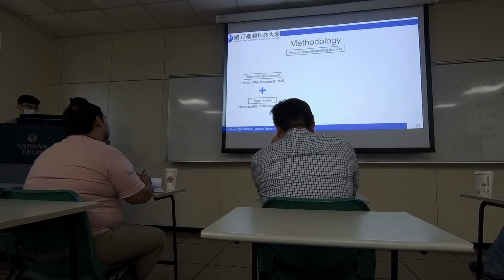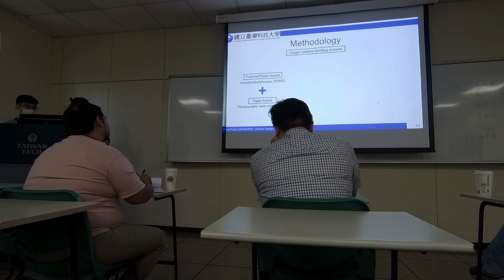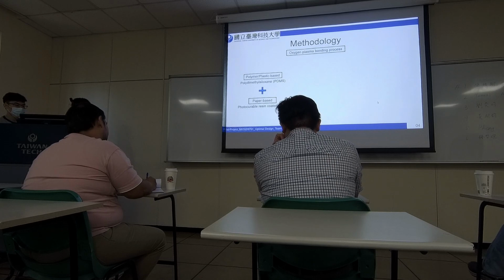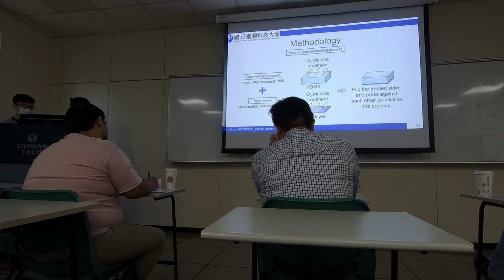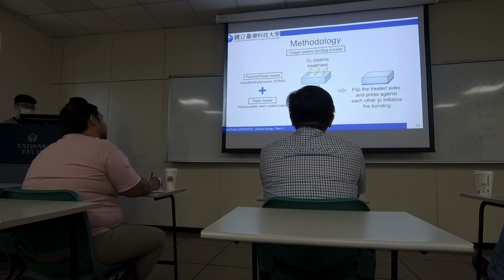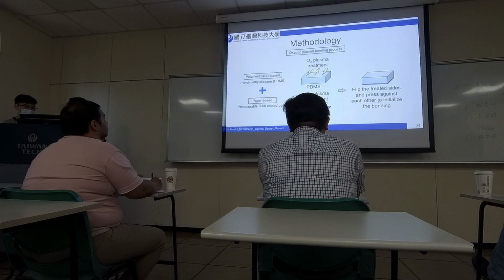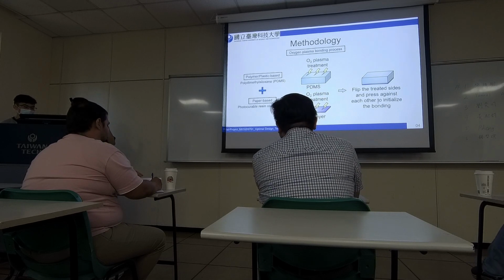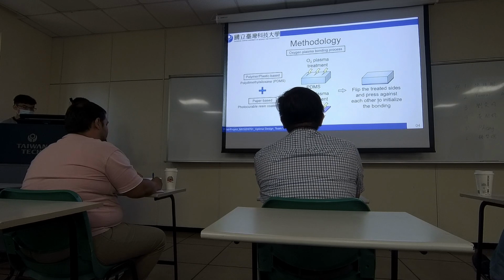It has some resin on it, so we try to bond the polymer with the resin inside the paper, not directly with the paper. The process is like this: we treat the polymer surface and the paper surface with oxygen plasma, then stick them together, and evaluate the bonding strength.